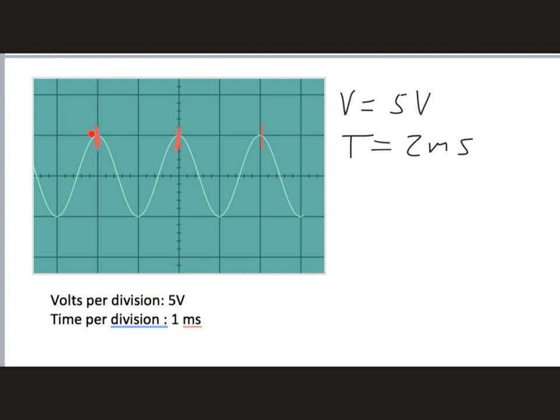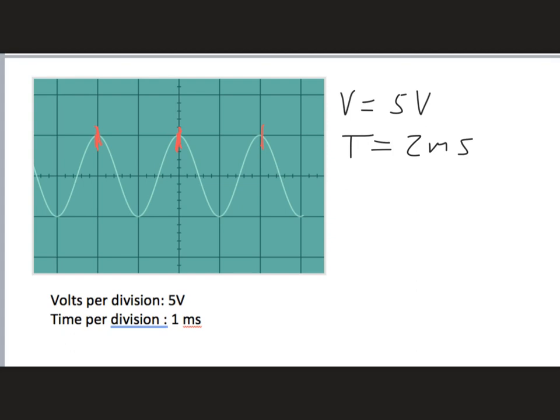Now, if the signal doesn't line up exactly on these vertical lines, then giving you more waveforms is actually the better way to do it, because as I said, it reduces that error. But we have now the voltage and the period. The last thing we want to measure is the frequency.